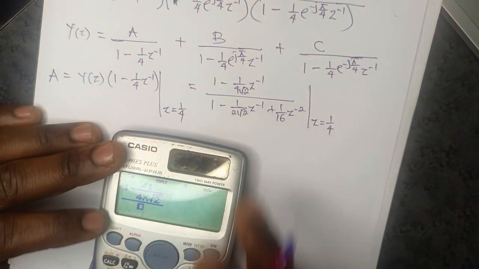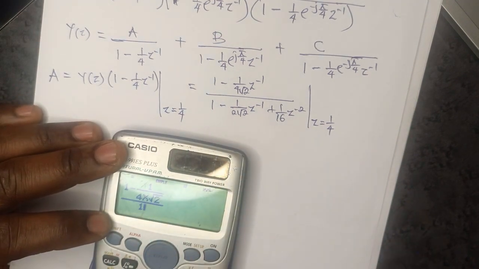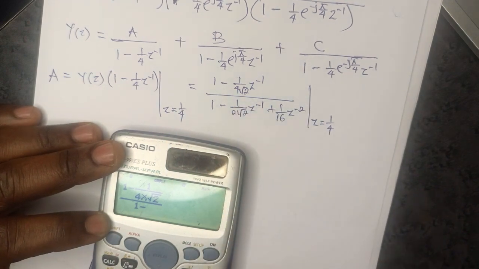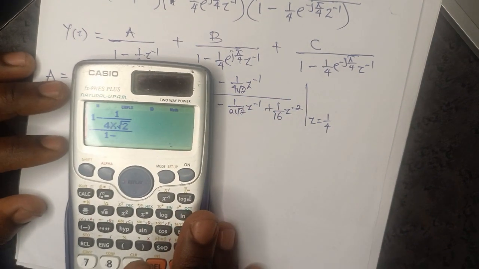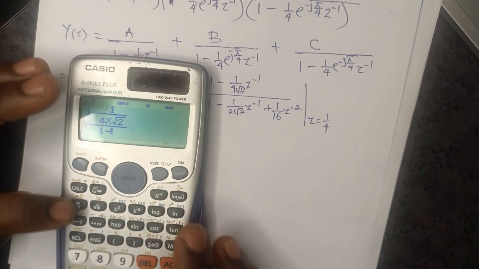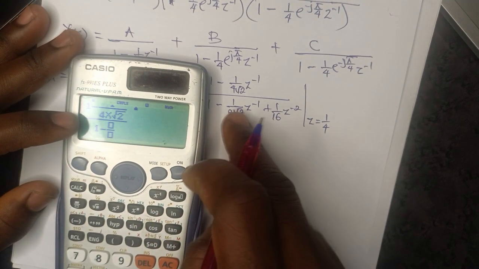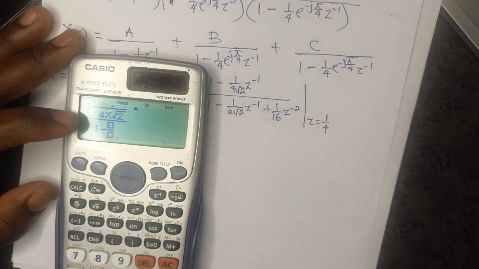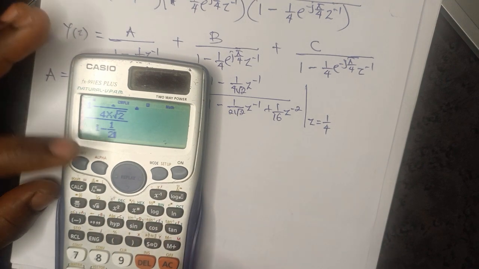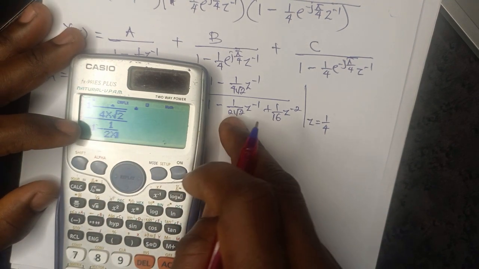Then at the denominator is going to be 1 minus 1 all over 2 root 2 x. That is 2x root 2, right? So 1 all over 2x root 2.